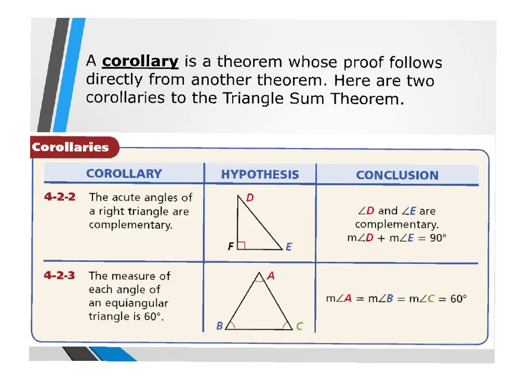So the addition of our other two angles together equals 90. So they're complementary. And this next one, the measure of each angle of an equiangular triangle is 60 degrees. This is always going to be true if we have an equiangular or even an equilateral triangle. All angle measurements are going to be 60 degrees.